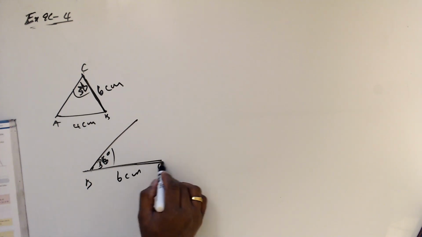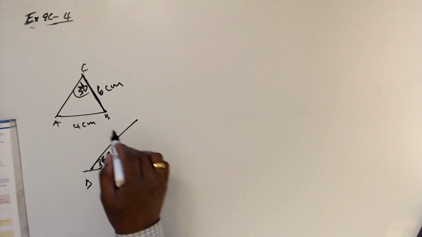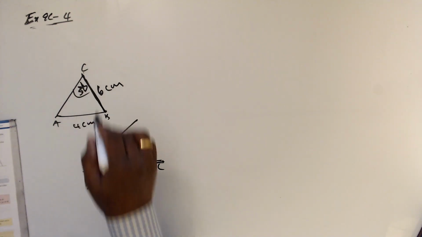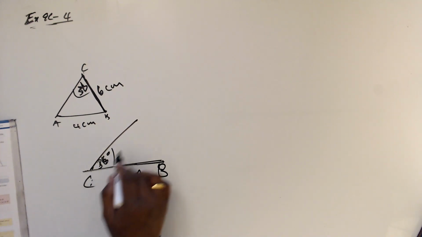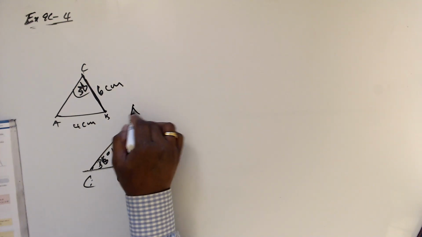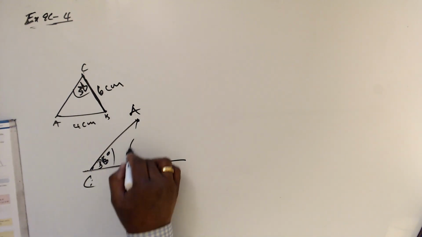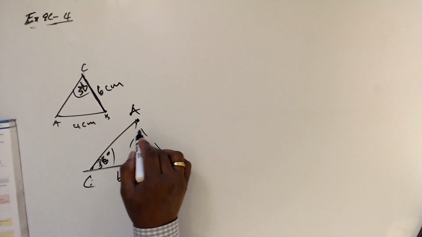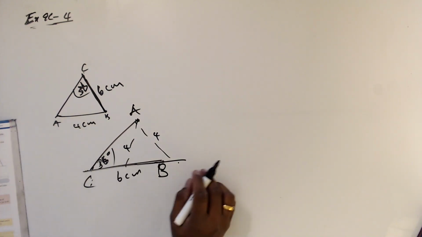And now, this is actually not BC, this is CB. Now this is going to be A. AB has to be 4. It means there are 2 options. So that is a good way of doing it.